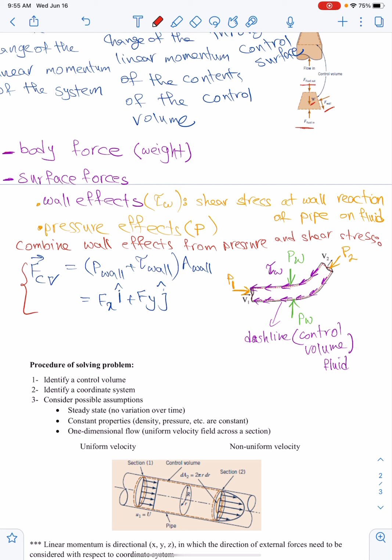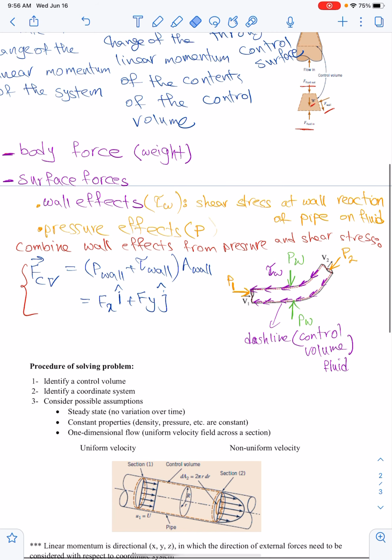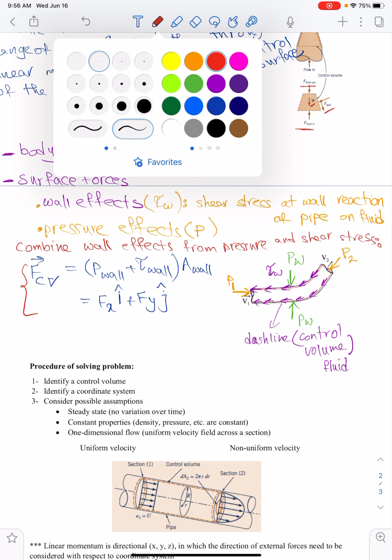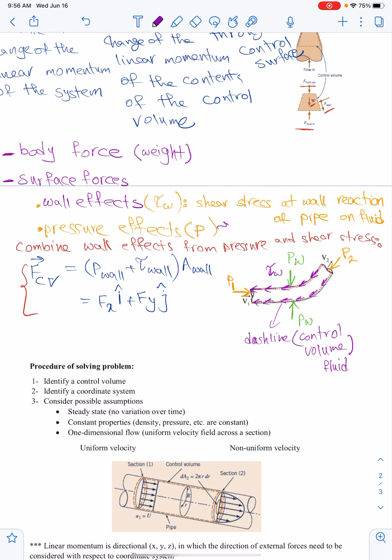So this formula, right? Just be careful that this pressure right here is at the opening.